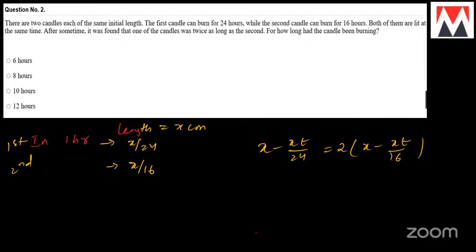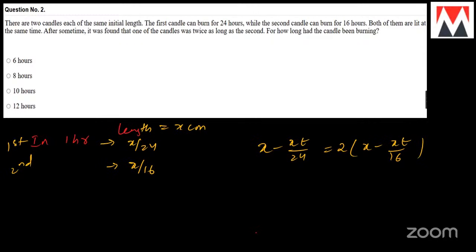In some time t, the distance melted is x by 24 into t. For the second candle, the length will decrease faster, so it is 2 into x minus xt by 16. Because this is decreasing, it will be 2 times of this.